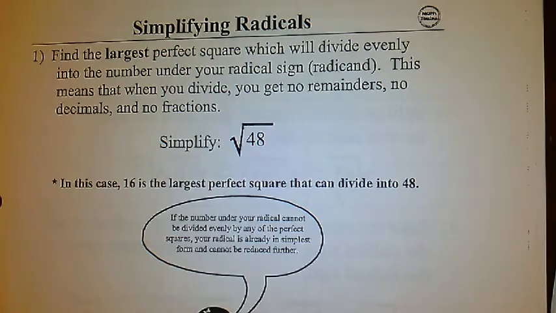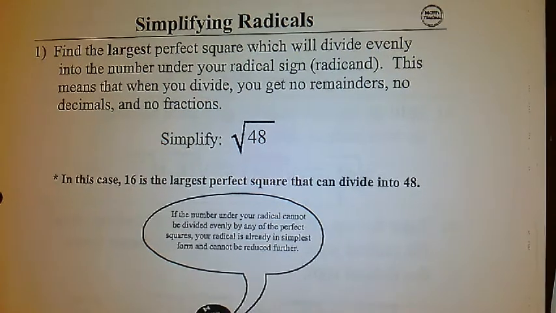All right, so when simplifying radicals, this is again why it's so important that you know those perfect squares, because if you know those perfect squares, you can start dividing out your radicals. Let me explain what that means. So we're going to find the largest perfect square that will divide evenly into the number under the radical, which is called the radicand. This means when you divide, you get no remainders, no decimals, no fractions.